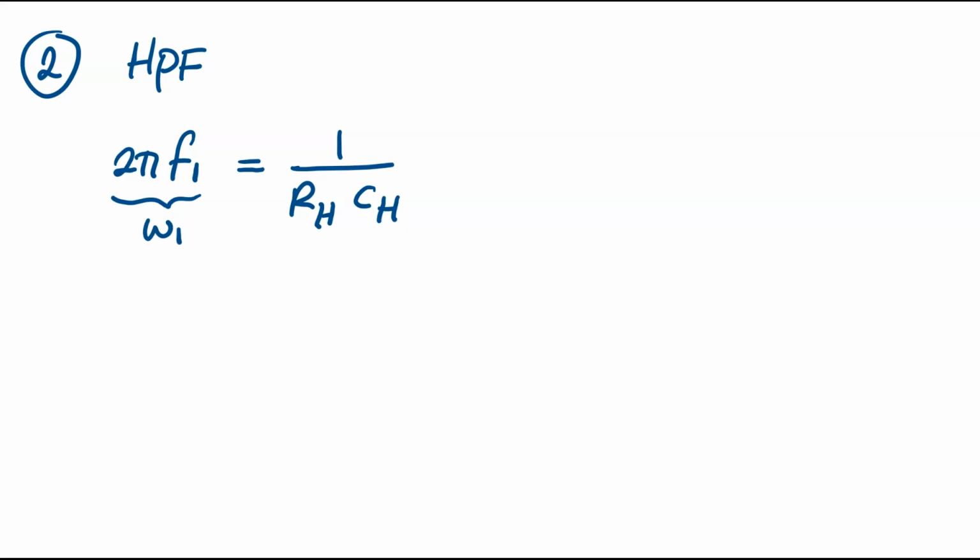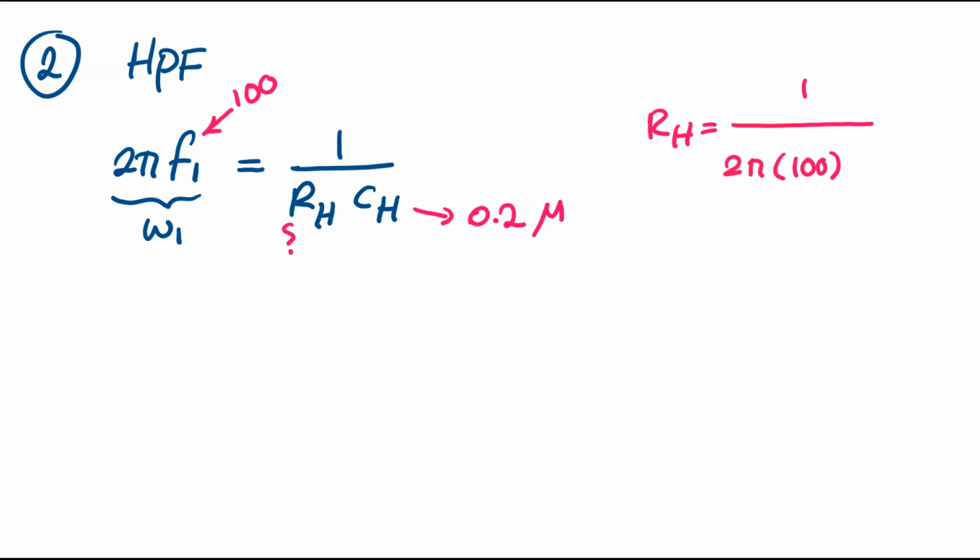Now again, we know that CH can be only equal to 0.2 micro, and we have f1 as 100. So we can solve for RH. So RH is going to be 1 over 2 pi multiplied by 100 multiplied by 0.2 multiplied by 10 to minus 6.